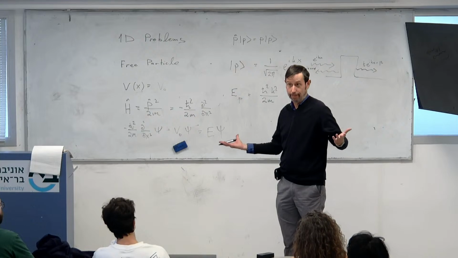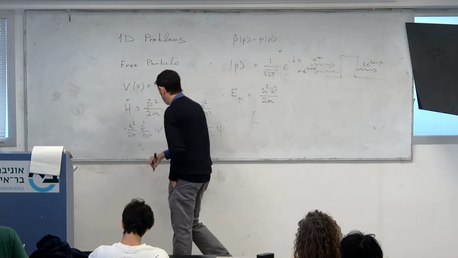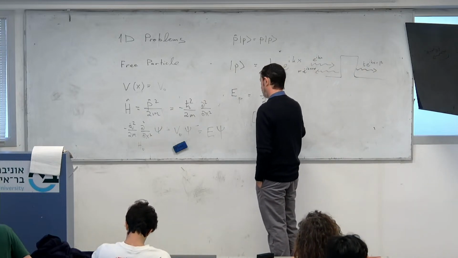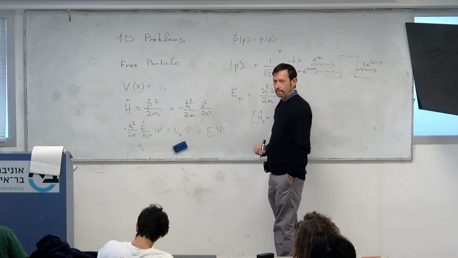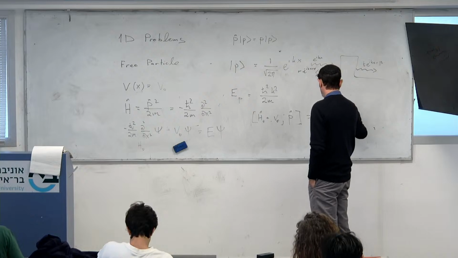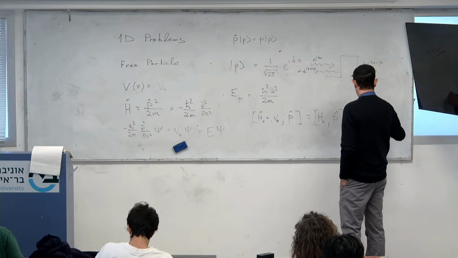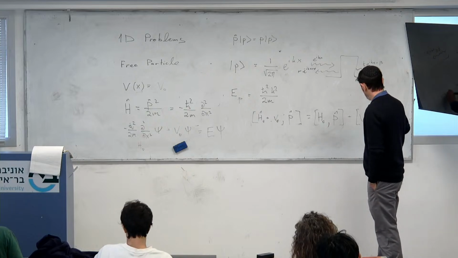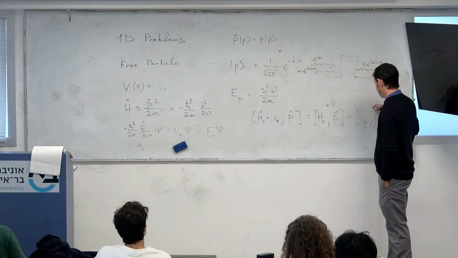Commutation relation, right? In this case, it would be, let's call it H0, not to get confused. Now the Hamiltonian is the whole term. As previously, because it's constant.